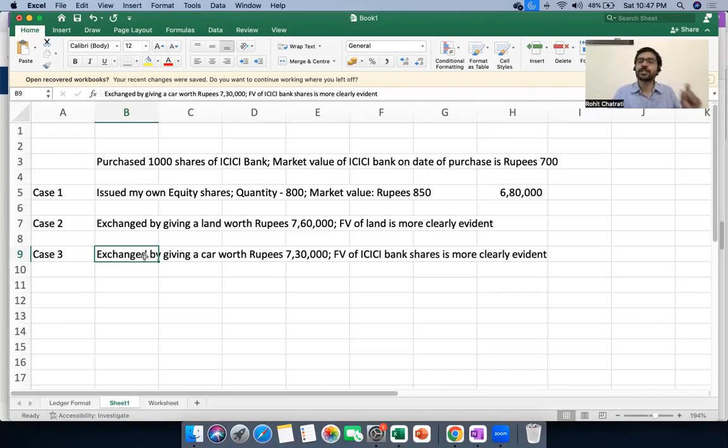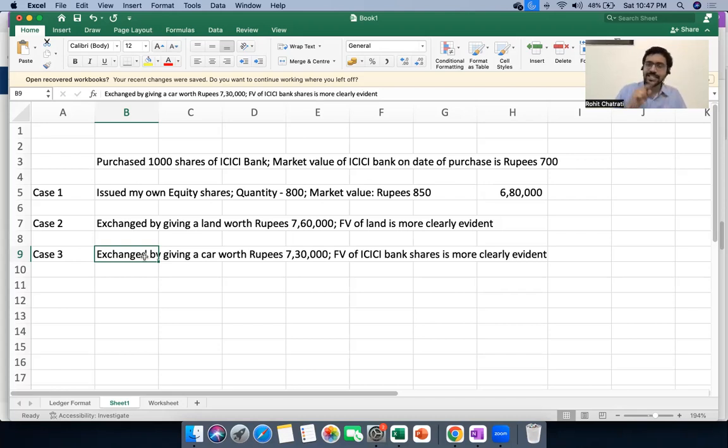In this case, I'm mentioning that the fair value of ICICI Bank is more clearly evident, which means I would have compared the fair value of ICICI Bank, which is 7 lakh rupees for all the 1,000 shares, with 7,30,000. Not whichever is higher or whichever is lower, but which of it is more clearly determinable, more clearly evident.